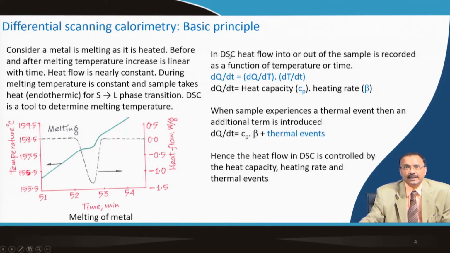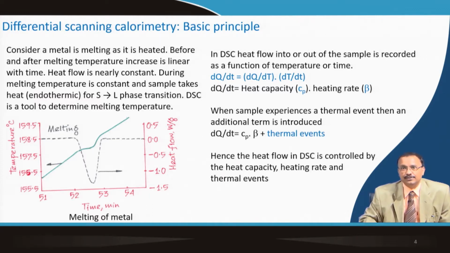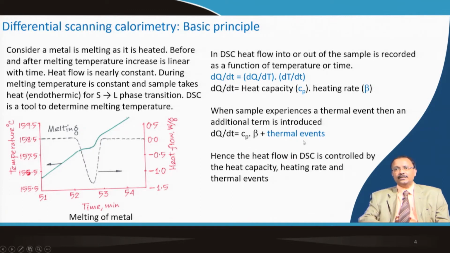This relation is valid in a normal case, and when the sample experiences any kind of thermal event, an additional term is introduced. So, it will be Cp times the heating rate plus the thermal event, which could be melting, glass transition or various other thermal events. Since the heat flow in DSC is controlled by the heat capacity, the heating rate and also the thermal event that is taking place.